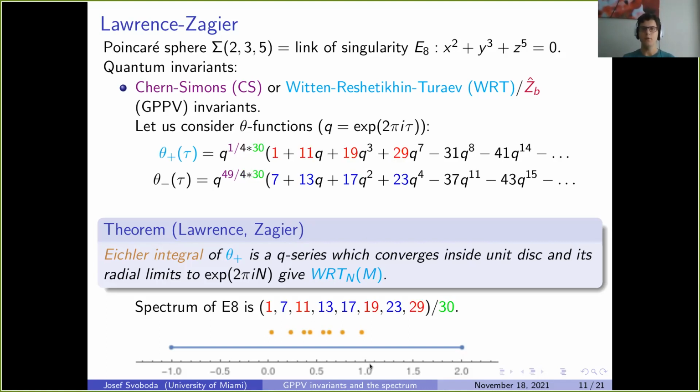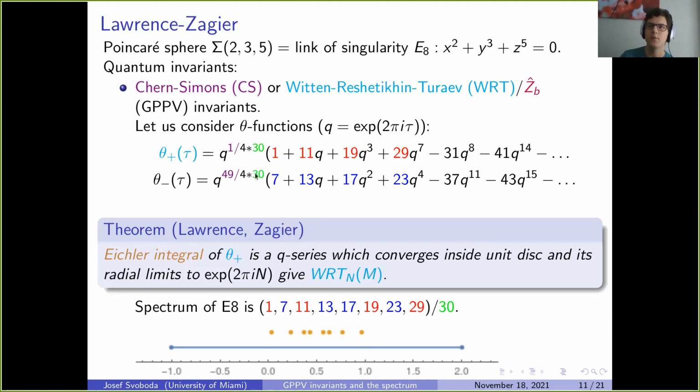Now if you take a look at the spectrum of E8, which I showed you on this picture before, we have these 8 numbers: 1, 11, 19, 29, and 7, 13, 17, 23. They are all divided by 30, so they're all in the interval 0 to 1. And these numbers appear here in the expansion. It is good that Zagier always puts the explicit expansion in his papers, because I could see these numbers and I knew the spectrum of E8.